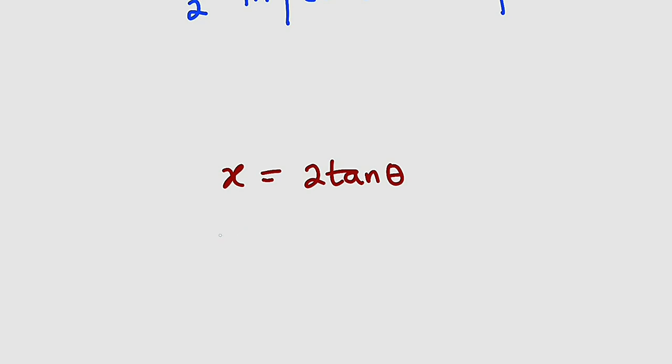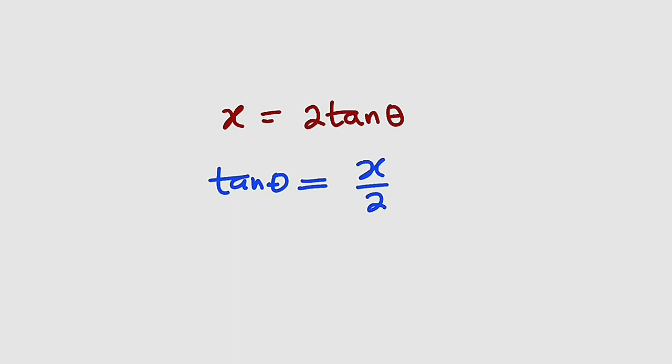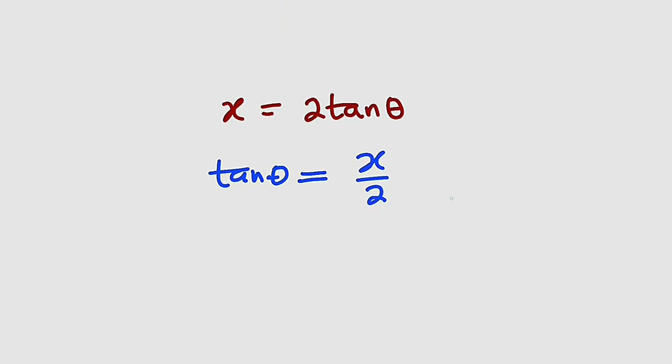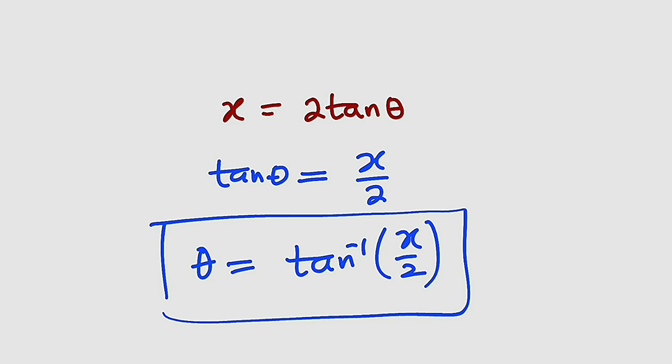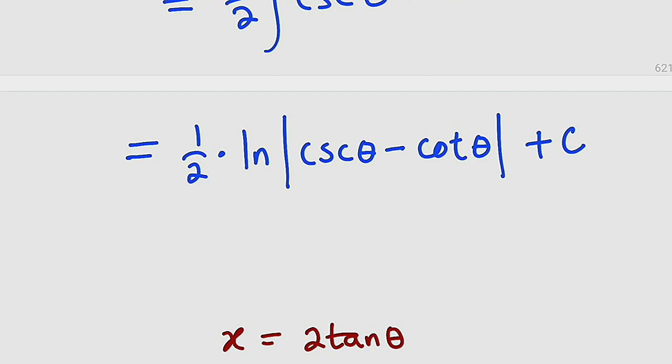We have tangent theta equal to x divided by 2, right? And theta will be tan inverse of x divided by 2. Therefore, wherever we have theta in our solution, we are going to replace it with tan inverse of x divided by 2. All right.